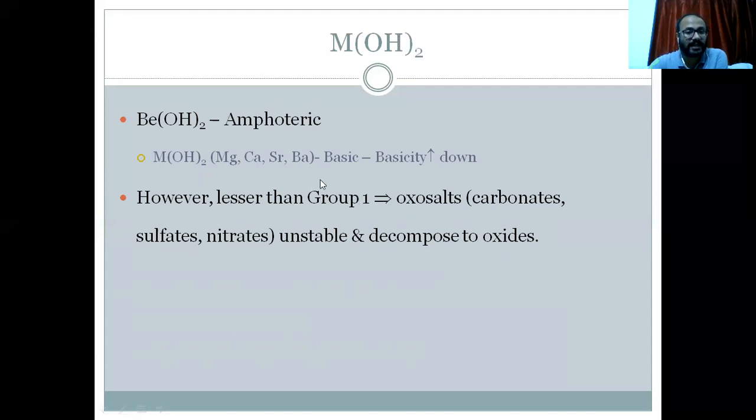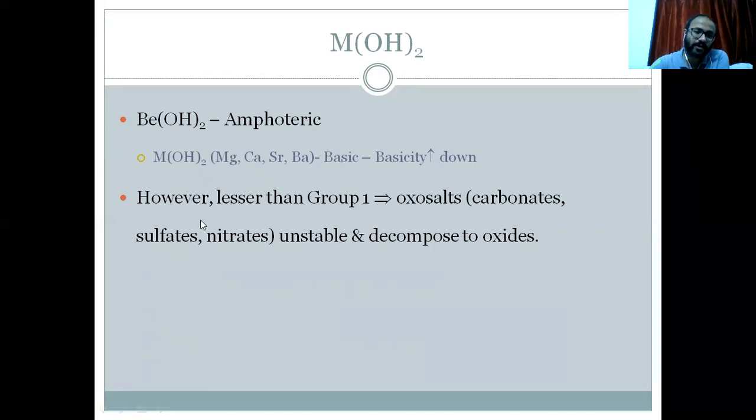Because of the lesser basicity of the group 2 metal hydroxides, as we have seen previously, their oxo salts, that is carbonates, sulfates, nitrates, are unstable and decompose on gentle heating to their corresponding oxides.